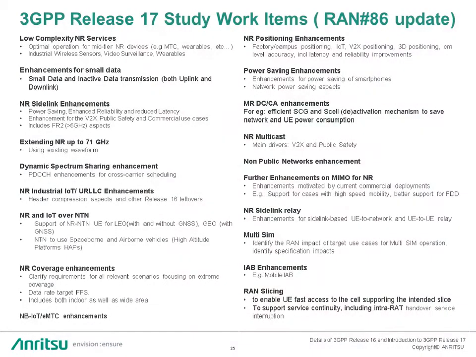Then there are improvements to support multi-SIM operation, and integrated access and backhaul enhancements to make it more seamlessly integrated. And also on RAN slicing, where the whole network architecture has been improved to give the UE fast access to the cell that supports the slice that the UE needs to achieve the quality of service that it needs for its application.